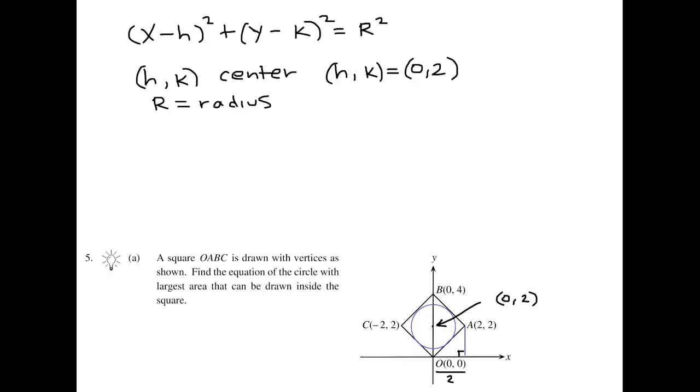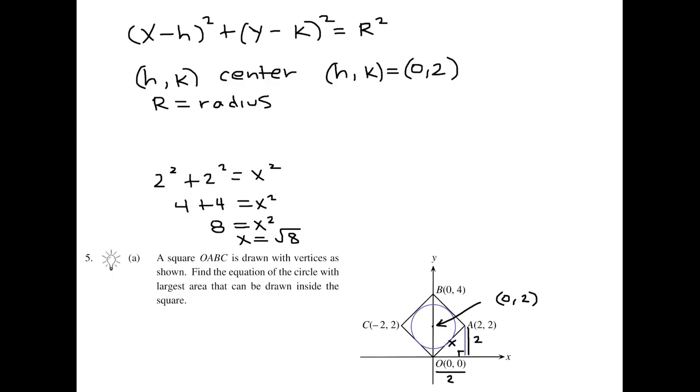And the distance from here to here is also 2. So we can figure out this distance with Pythagoras. Calling that distance x, it would be 2² + 2² = x². So 4 + 4 = x², and 8 = x², and therefore x is equal to the square root of 8.